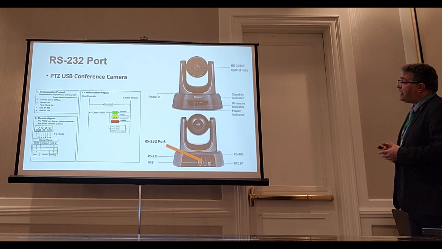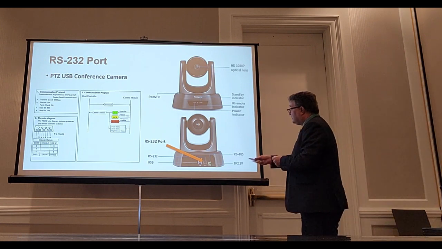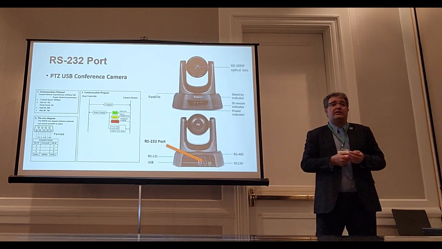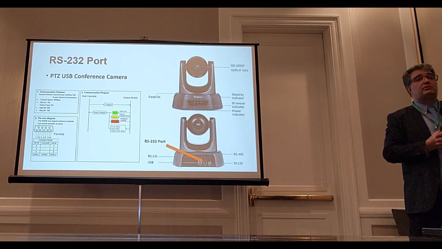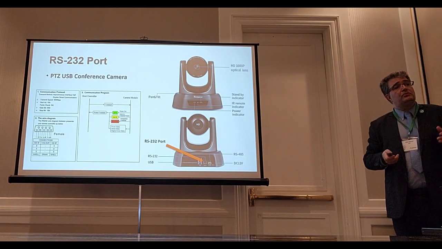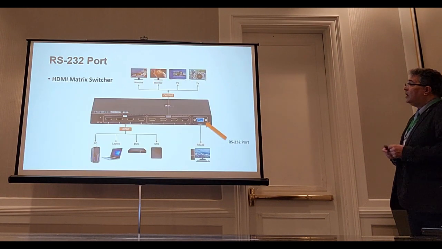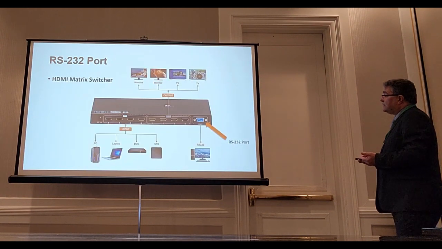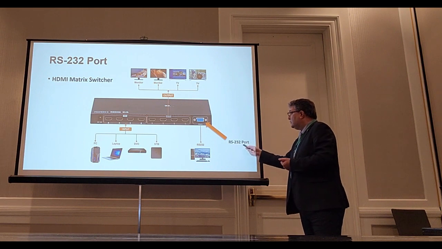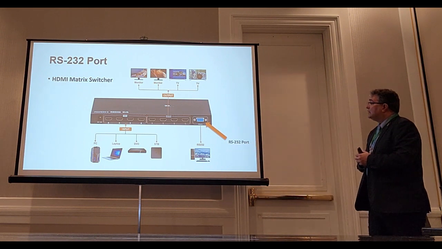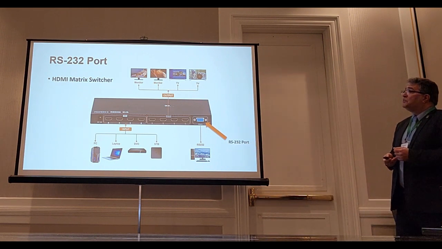And in the camera, it is a PS connection that uses RS-232 to remotely control the camera for pan, zoom, and else. So, as you see, all of the devices use one common property, the RS-232 port for communication.